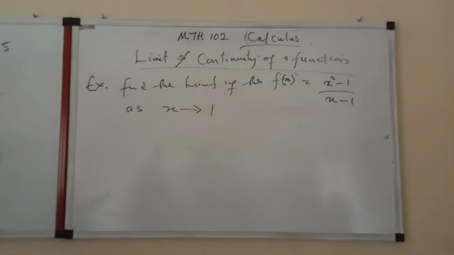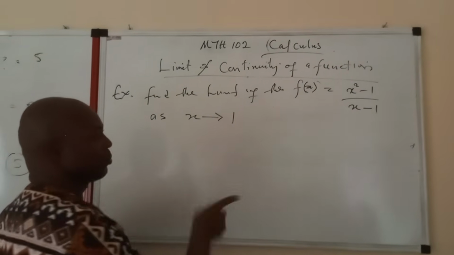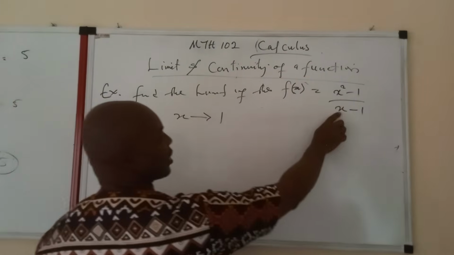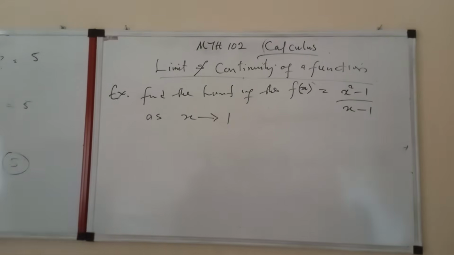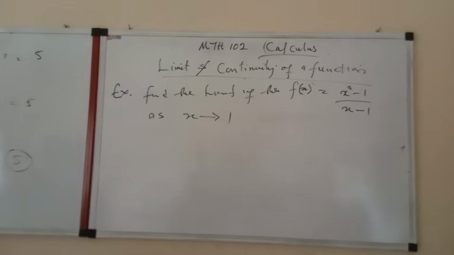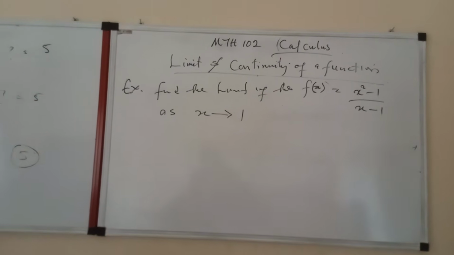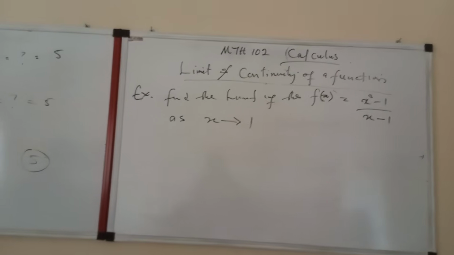Because in this case, if x takes 1, the denominator will be 0 straight away, and we don't want that kind of a case. So there is need for us to consider the neighborhood to see if the limit really exists.